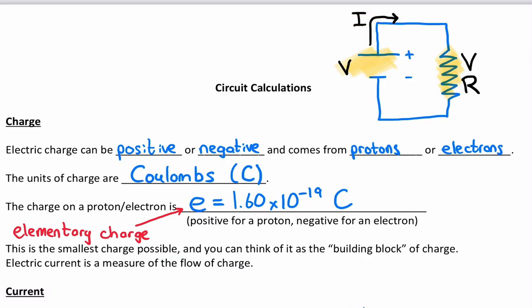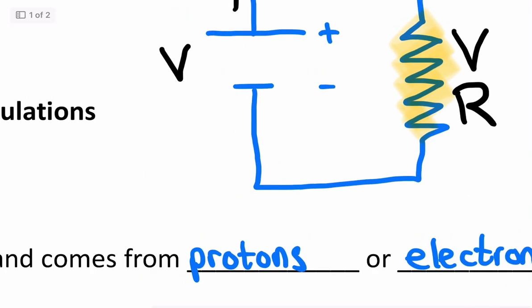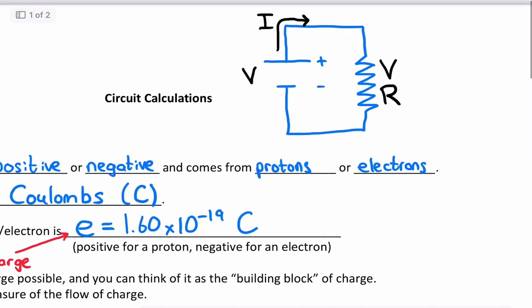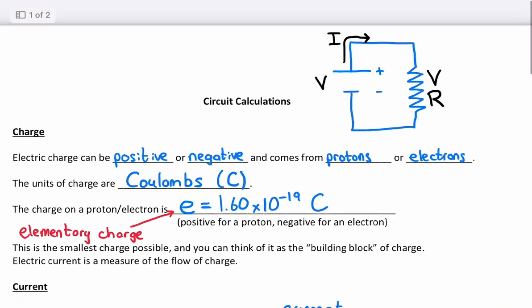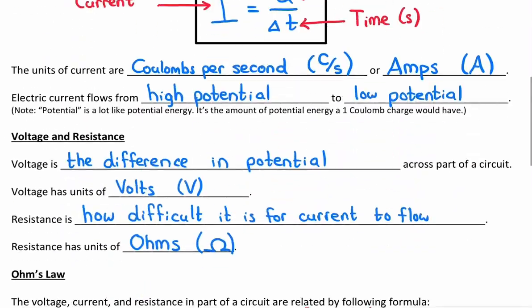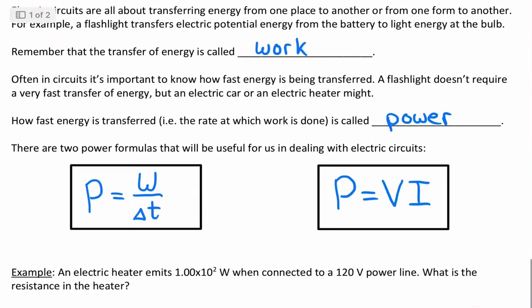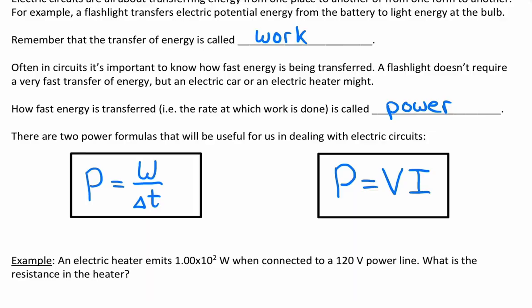At the power supply, energy is being added to the circuit, and at the resistor, energy is being taken away from the circuit, you could say. And then I just want to give you one quick reminder that the units of power are watts.